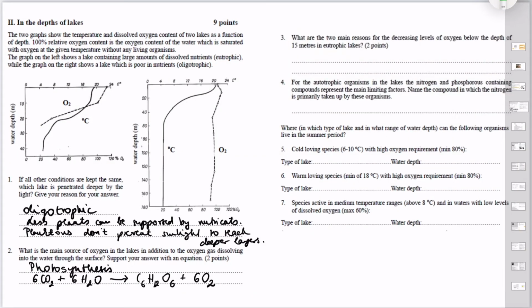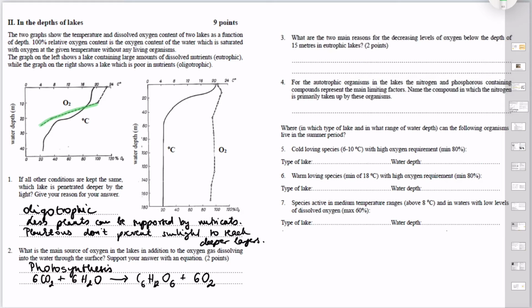What are the two main reasons for the decreasing levels of oxygen below the depth of 50 meters in eutrophic lakes? So the question is asking about this part of the first graph. And you have to keep in mind two things. The first one is the rate of photosynthesis in the nutrient-rich lake is lower at deeper levels because of the shading effects of plants. And the second one is connected to the consumers' cellular respiration. As we know, it is a process that requires oxygen.